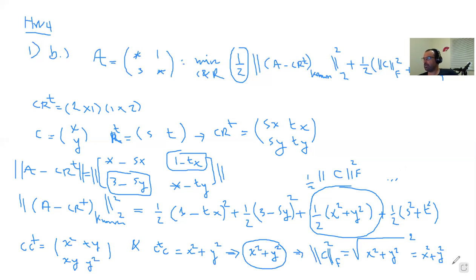Now we are ready to find the solution of the minimization problem, so I'll move on to a new board. Let's consider our previous objective as L and differentiate with respect to x.